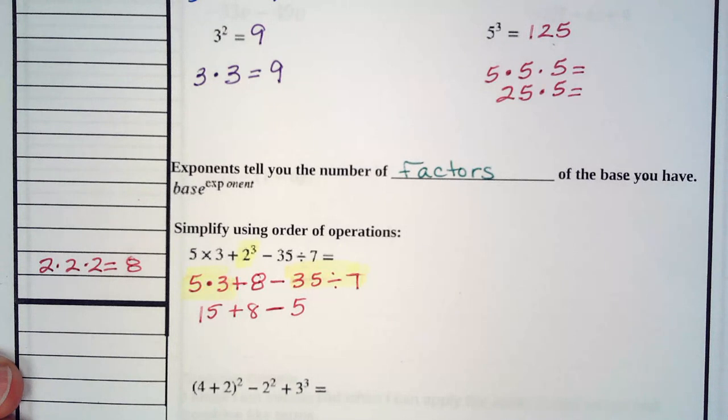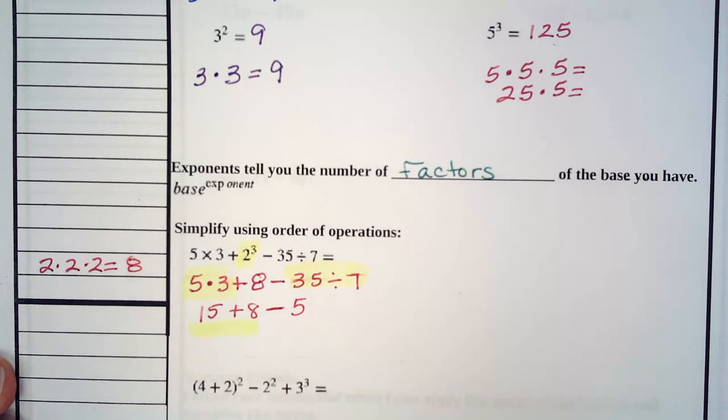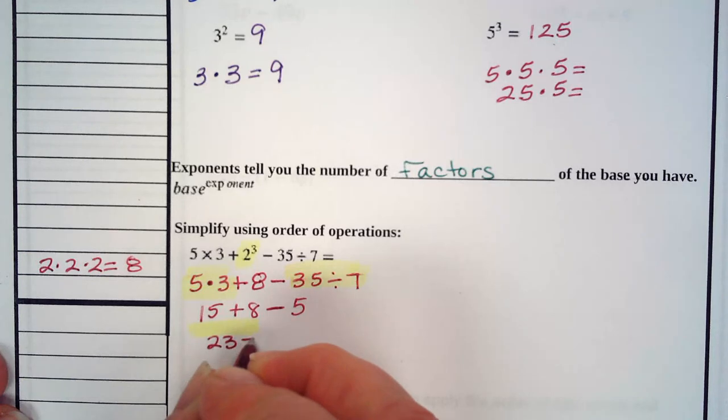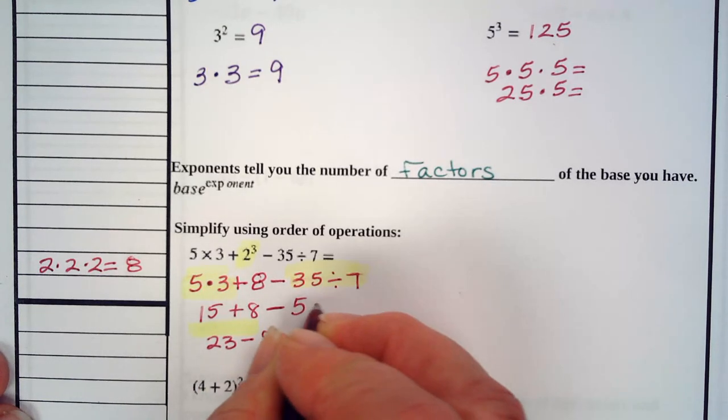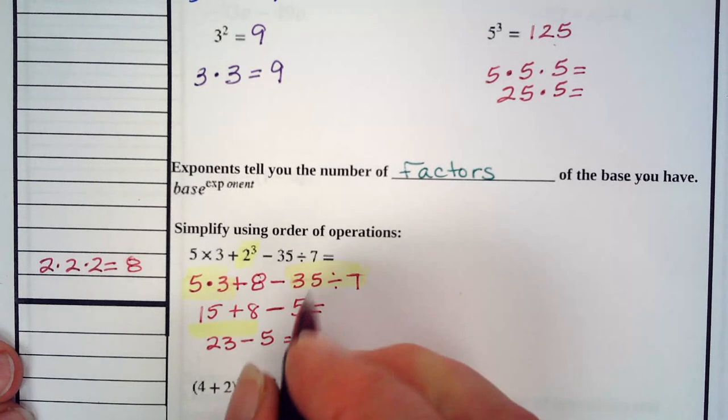Now, what do we do next? You add, and then you subtract. 15 plus 8 is 23 minus 5. 23 minus 5 is 18.